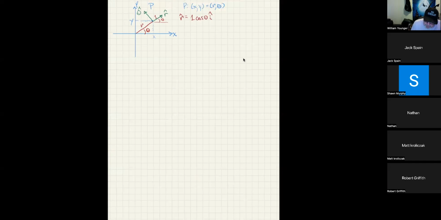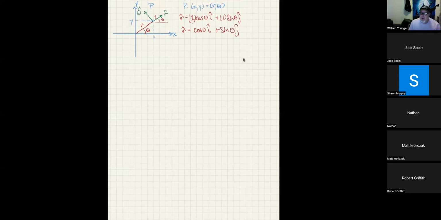That's the x component. And then it's plus 1 times the sine of theta j hat. So in fact, r hat is just cosine theta i hat plus sine theta j hat.